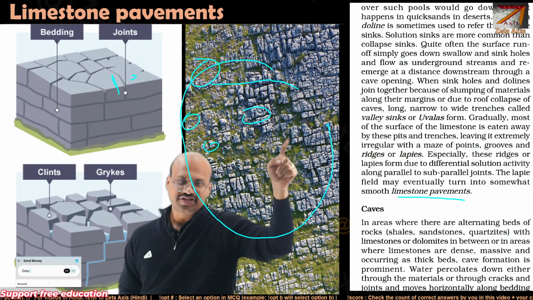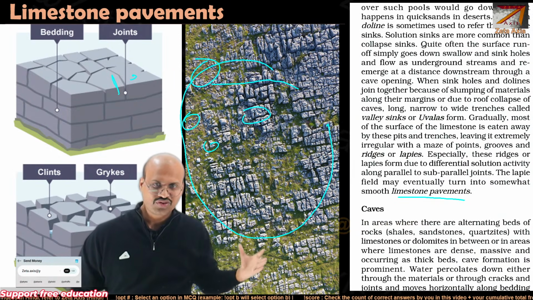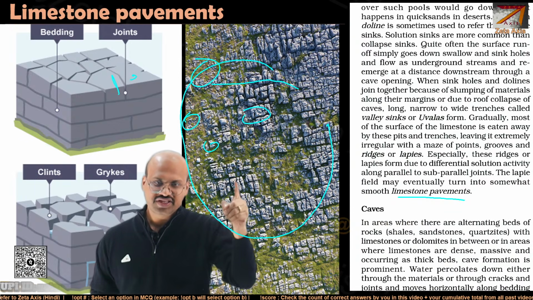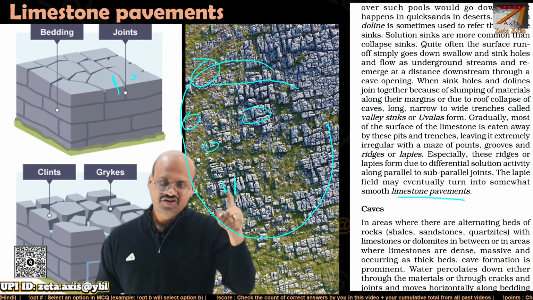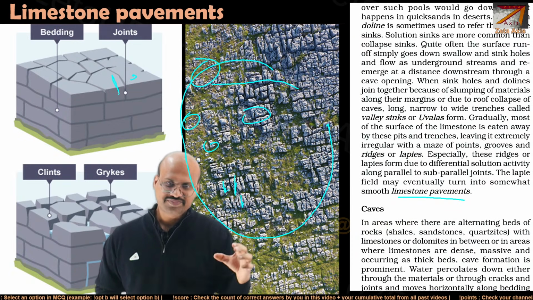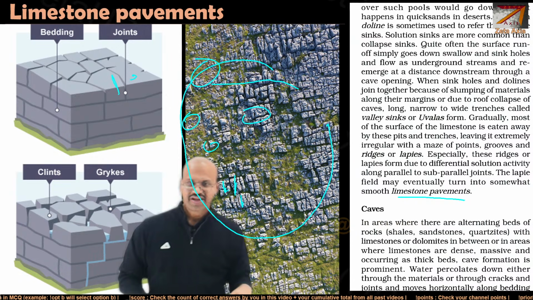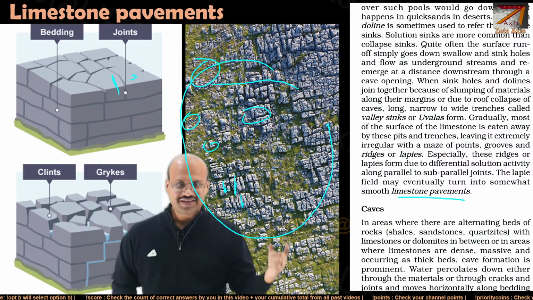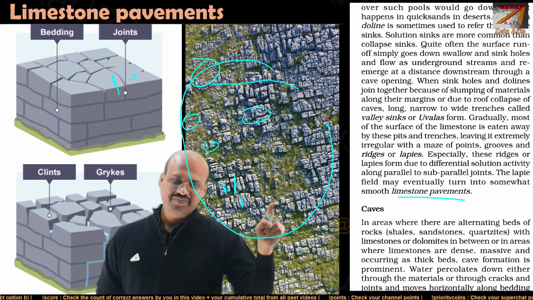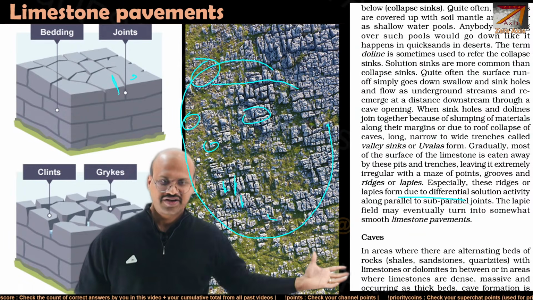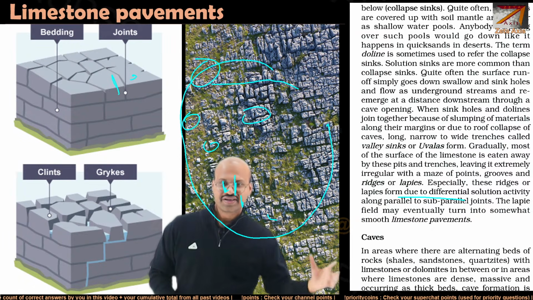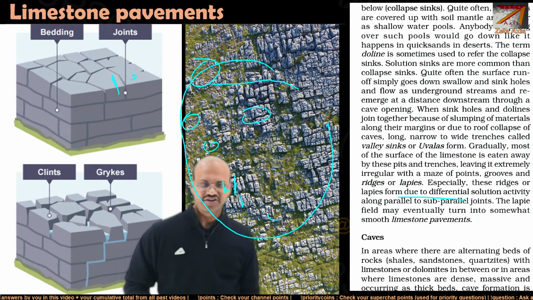And even here you can see that the process of solution is still going on. Within these joints of different rocks, the water has entered and dissolved the rocks over here. And over time, even in a hundred years or so, all these rocks will also be removed and dissolved away.